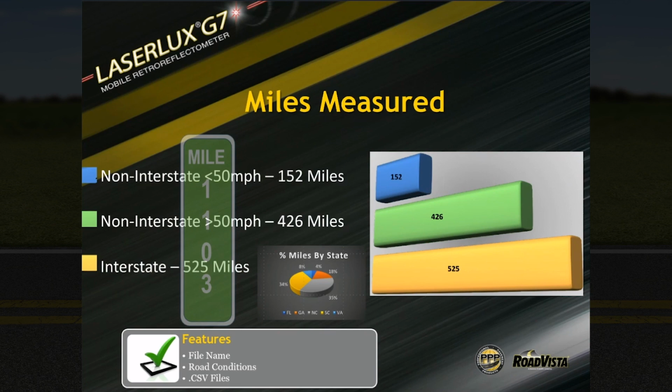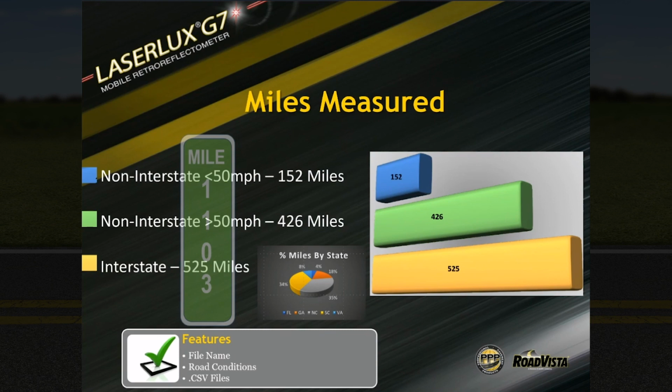Something I might suggest for those using this: it's great when you have 3 options, just put 2 on, because if it's not 1 or 2, then it's going to be the third. In this case, we didn't have to click an interstate button. We just said if it's over 50 or under 50. If it was neither, then we knew it was interstate miles. So that was kind of cool.